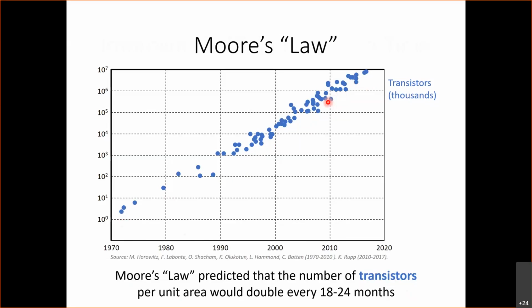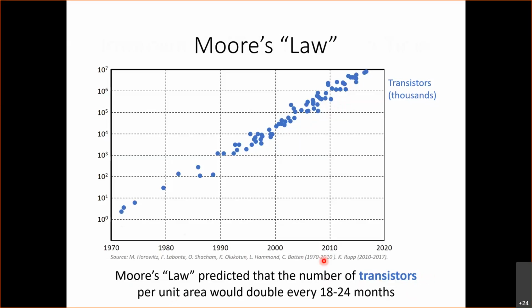Okay, but I was speaking about frequency before. I wasn't speaking about transistors. But the good news is that when transistors get smaller, and here we're doubling transistors per unit area, we can switch them on and off faster, because something that is smaller is easier to switch on and off in a circuit.